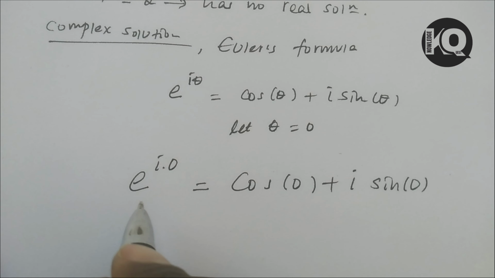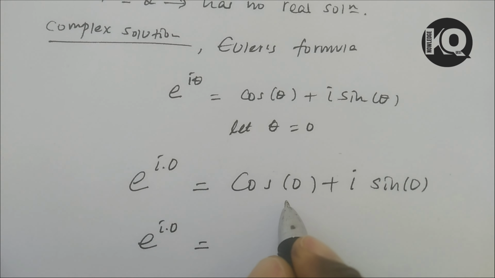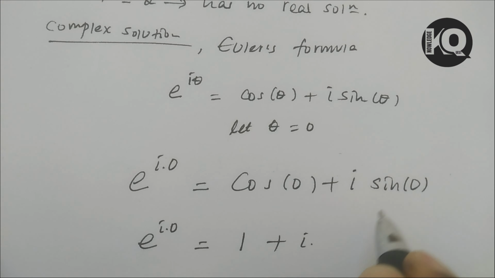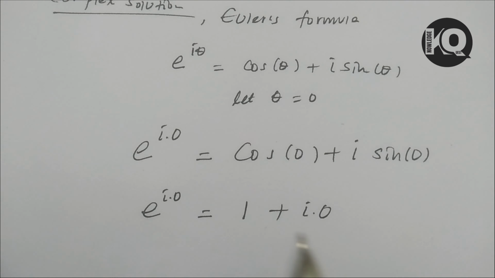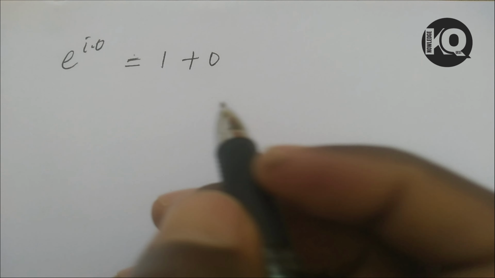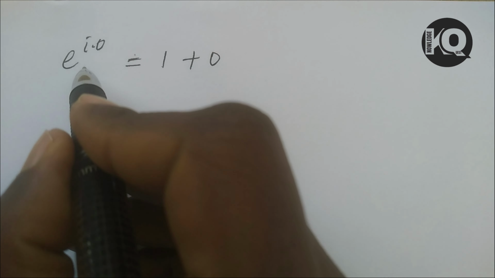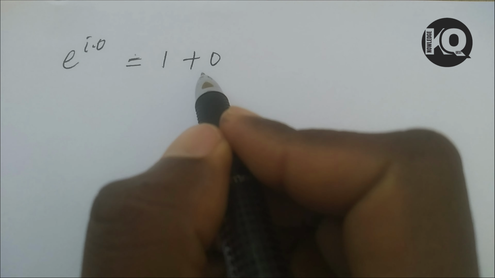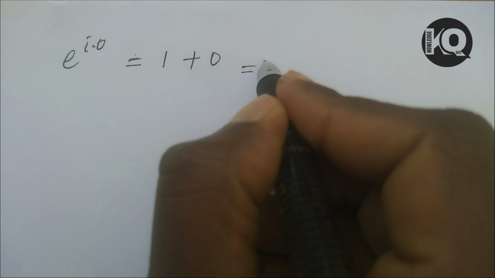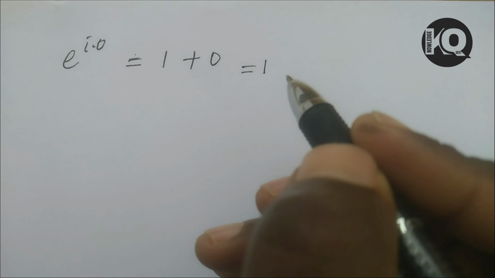Cos of 0 is 1, and i times sine of 0 is 0, so e to the power of i times 0 is equal to 1 plus 0, which is equal to 1.